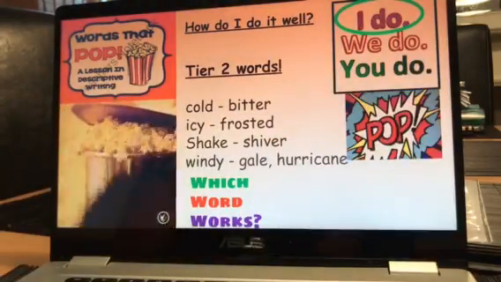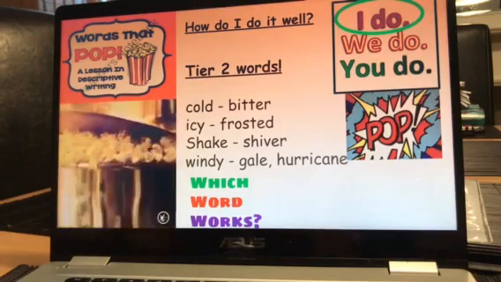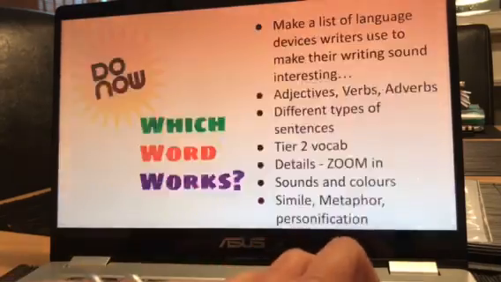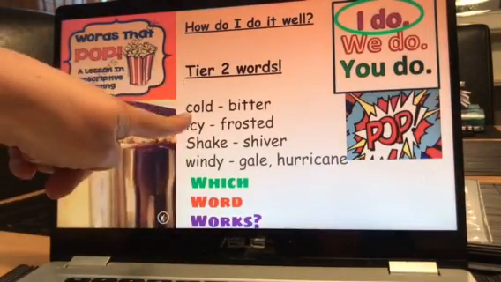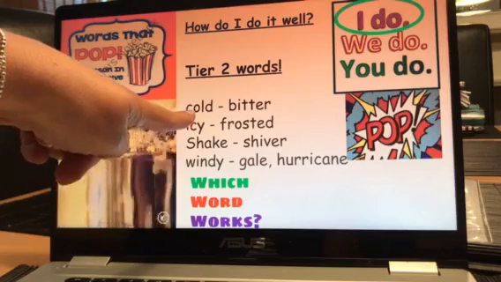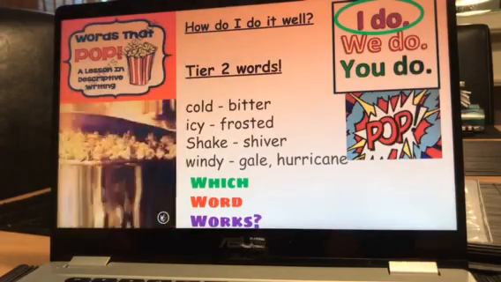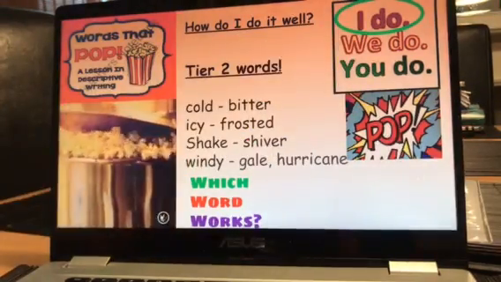I have thought of some words that you might typically think of to describe the cold or that storm back here. The words on the left are a bit simple, so I've up-levelled them to tier 2 words. I'm going to talk you through my choices now while I do the I do.